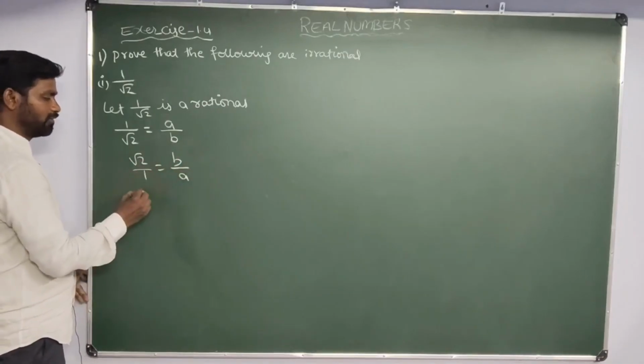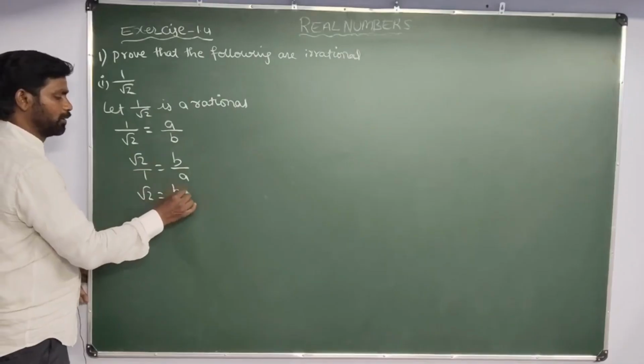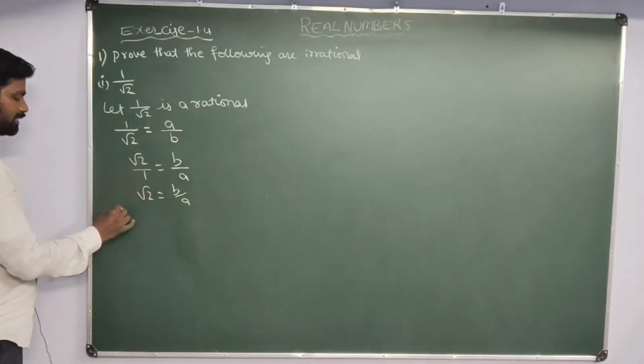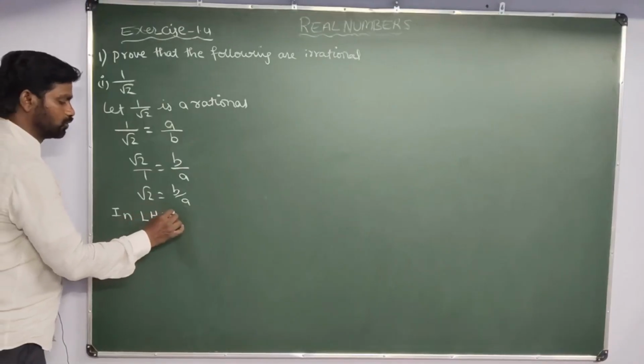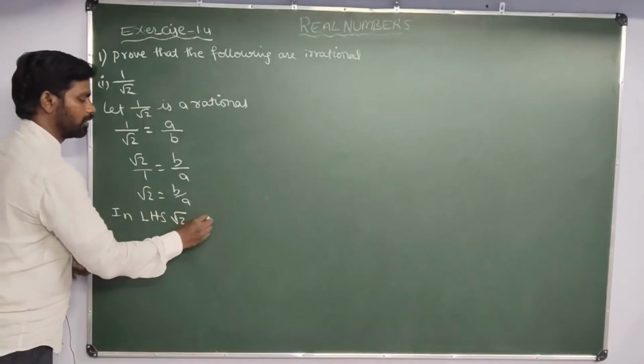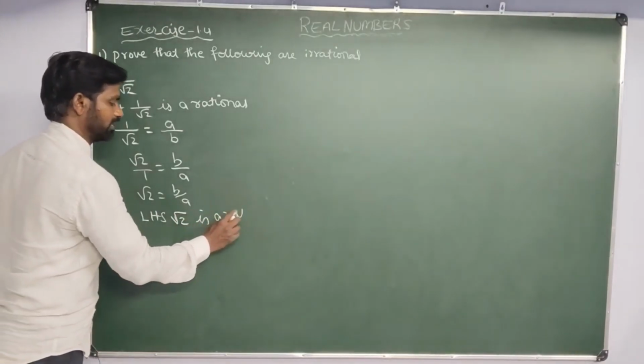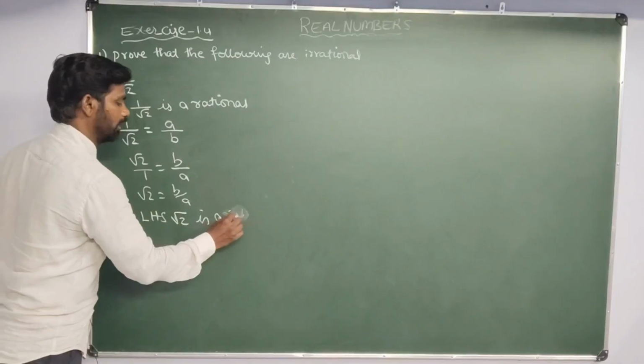Root 2 by 1 is nothing but root 2, that is equal to b by a. So in the LHS, we know root 2 is irrational. Root 2 is irrational.